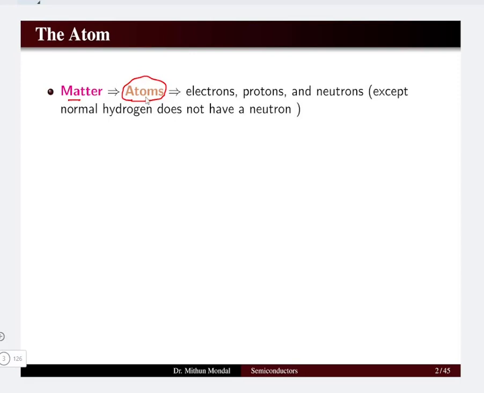In the earlier days, atoms were thought to be unsplittable into smaller portions. However, atoms are now known to break into different small particles known as electrons, protons and neutrons, except the normal hydrogen, which does not have a neutron. So this is an exception. Generally, matter is made up of atoms, and atoms are made up of electron, proton and neutron.